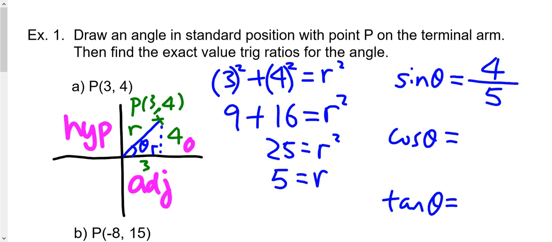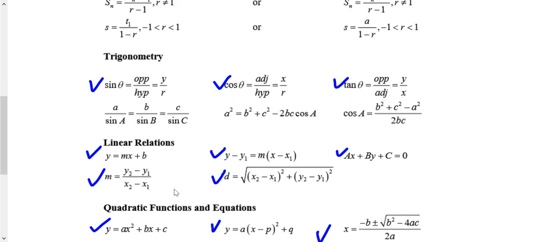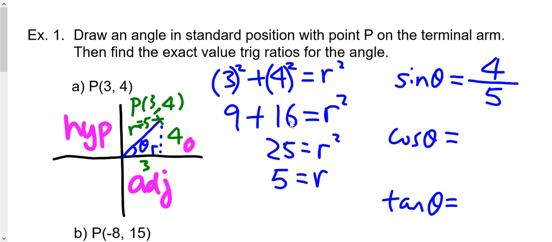Equals 4 over 5. Then cos is adjacent over hypotenuse. Adjacent is 3, hypotenuse is 5.